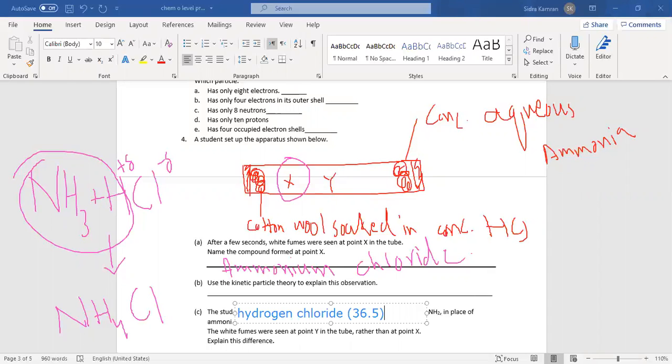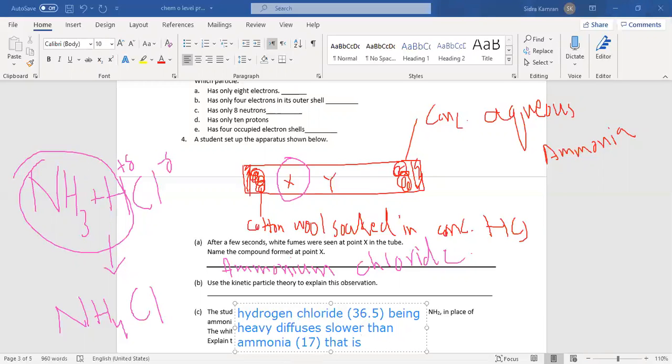This is the relative atomic mass of hydrogen chloride. Being heavy, it diffuses slower than ammonia, because the relative atomic mass of hydrogen chloride is higher than the ammonia. Ammonia having relative atomic mass 17.